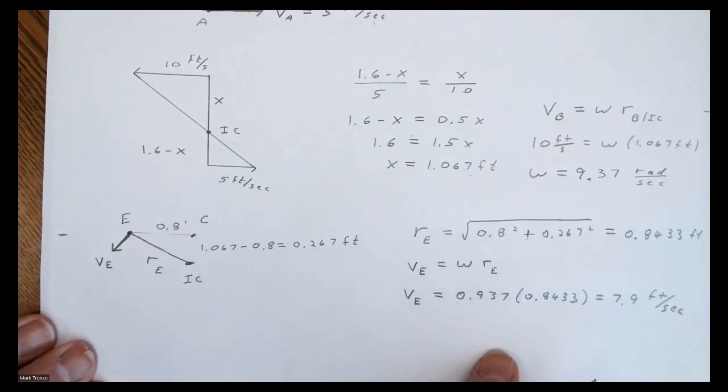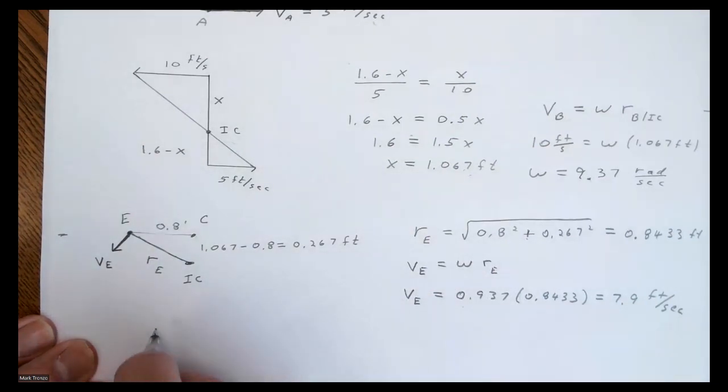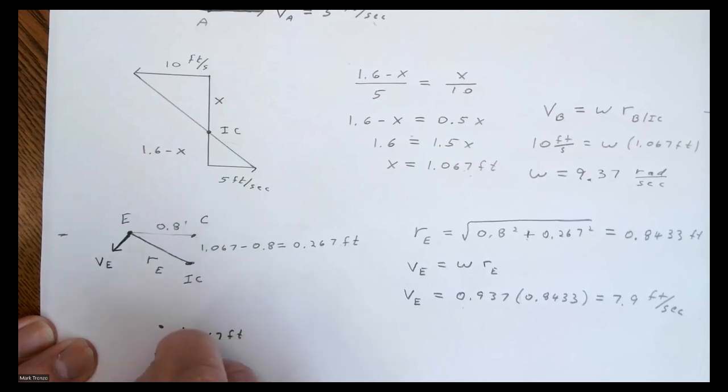Then finally, if we want the velocity of C itself, if we look at this picture up here, C is 0.267 feet from the instant center.